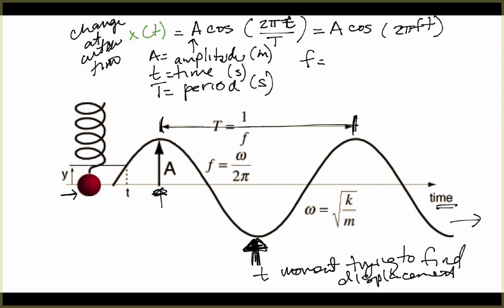Frequency. What is frequency again? Frequency is just looking at how many cycles per second, so 1 over the big T. All we've done here is, do you see how this is 1 over big T? This is the same equation.